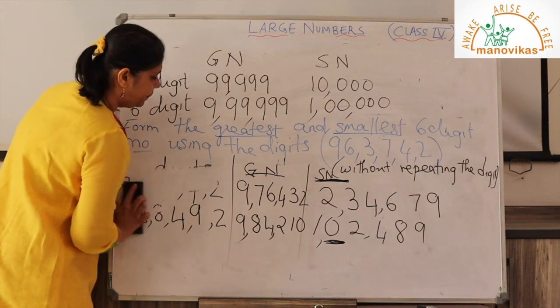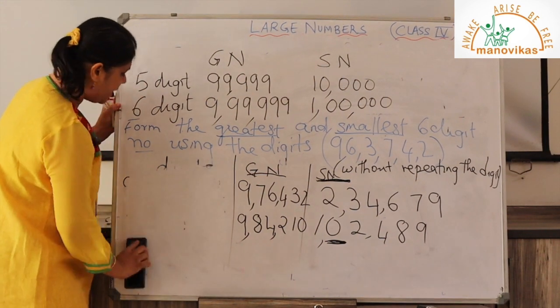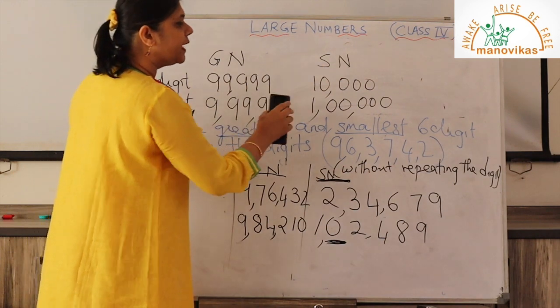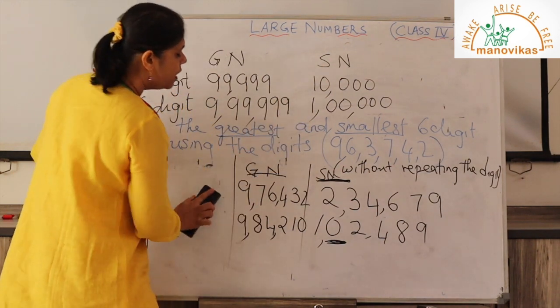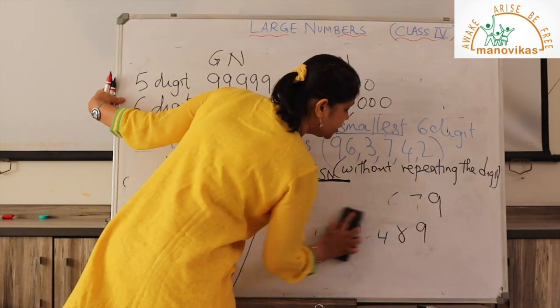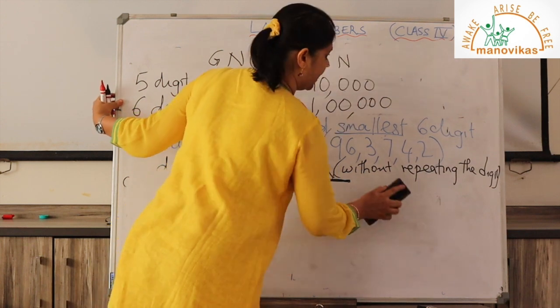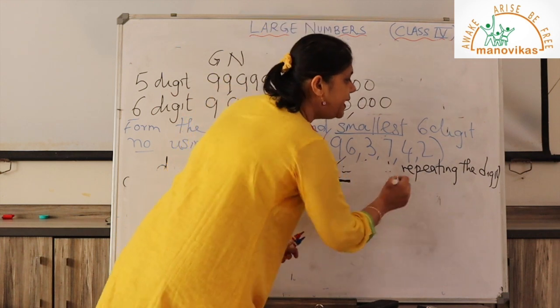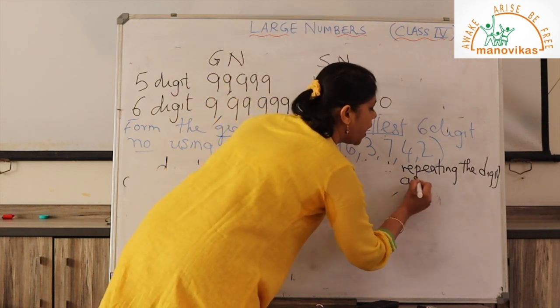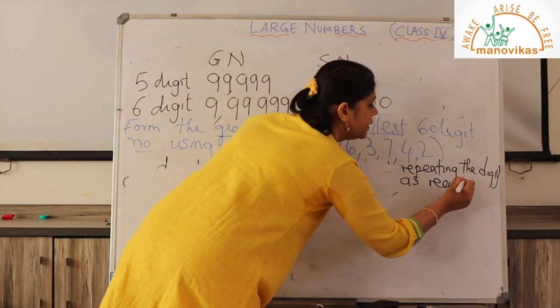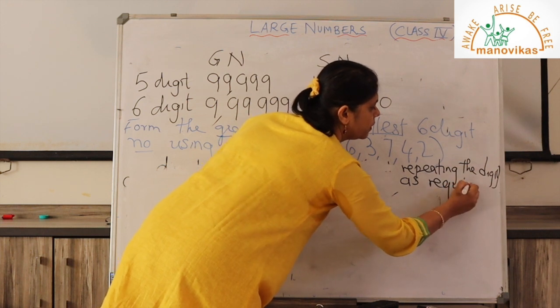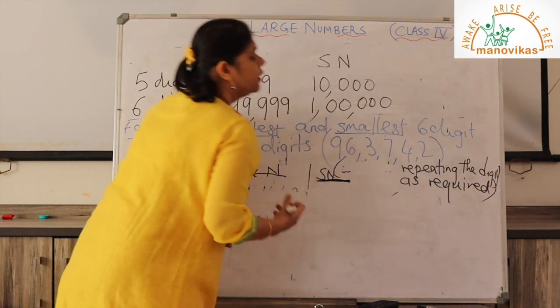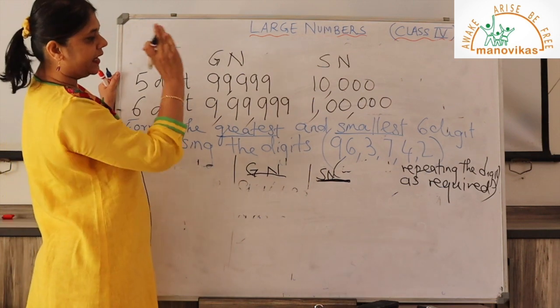Now we'll see the same thing again where you have to form the greatest and smallest number, but now the condition is different. I am telling you, repeat the digits as required.